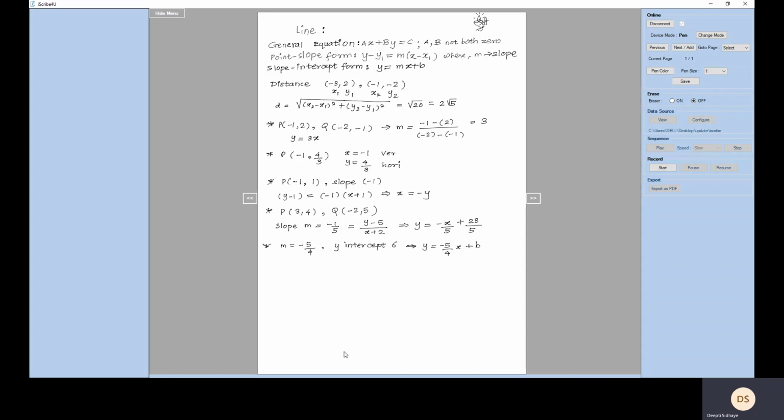But here the intercept is given as 6, so instead of b, let us write 6. Again, there could be a scenario where you have been given a point P (-12, -9) and slope as 0. Since the slope is 0, you can easily write the equation as y is equal to -9.